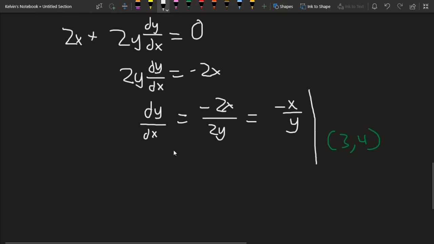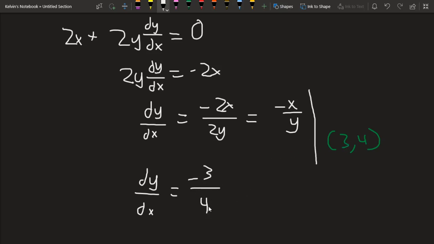And then we go back to our original equation here, and we just show it like this. dy dx equals, and then since it was negative x divided by y, we just plug in the values. So x is 3, so negative 3 over, and then y is 4, so 4. So that's how you do that problem.